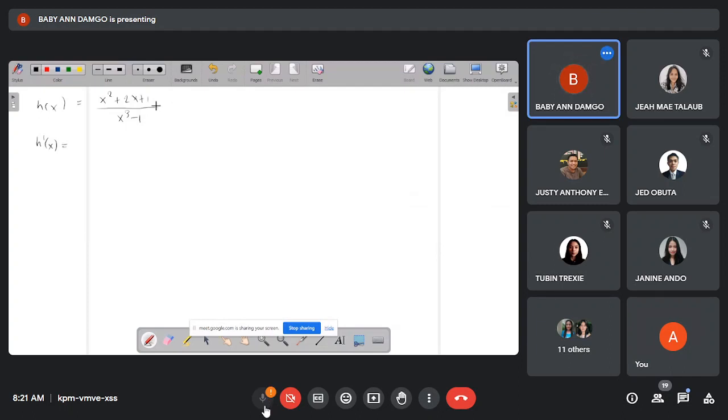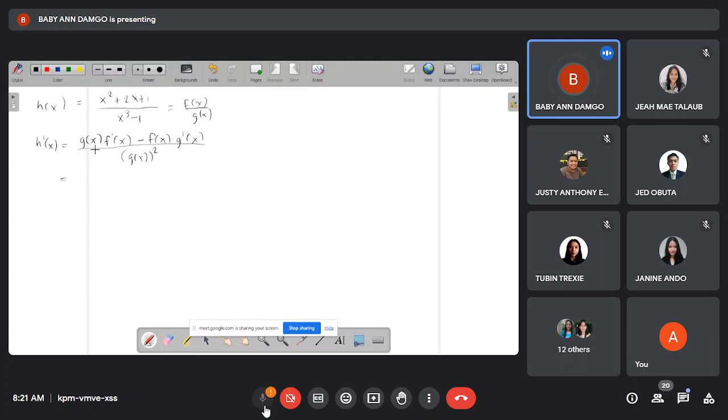So, this is of the form f of x over g of x. So, the derivative is g of x times f prime of x minus f of x times g prime of x all over g of x to the power of 2. Okay?